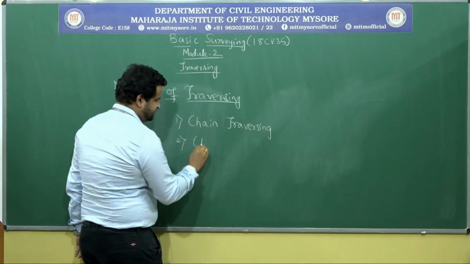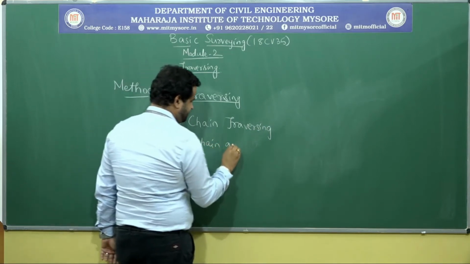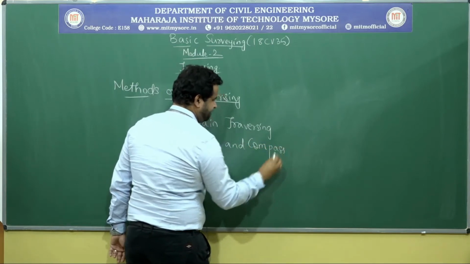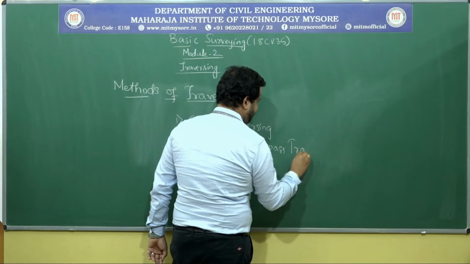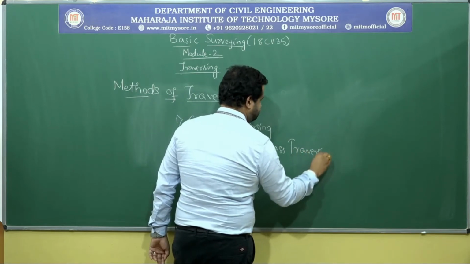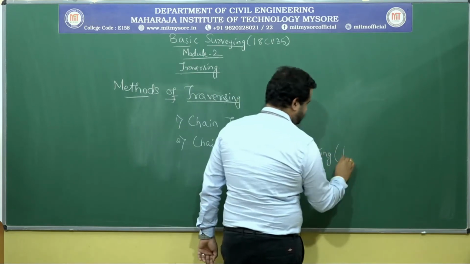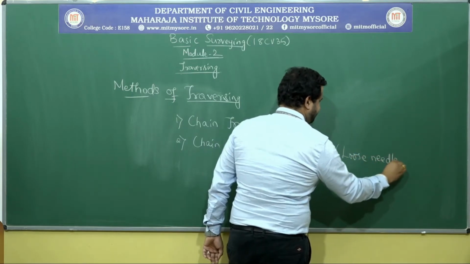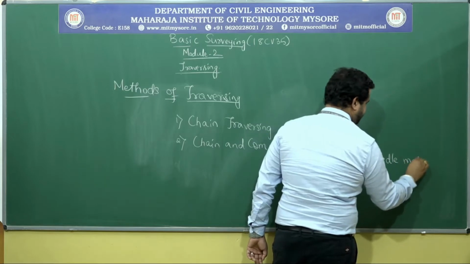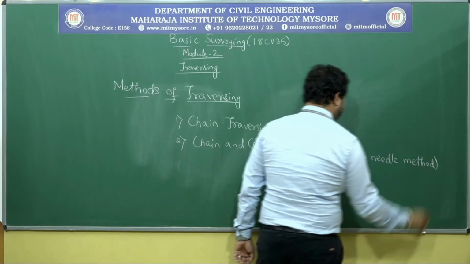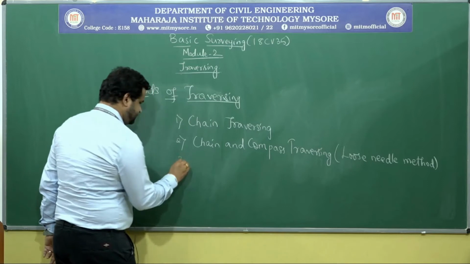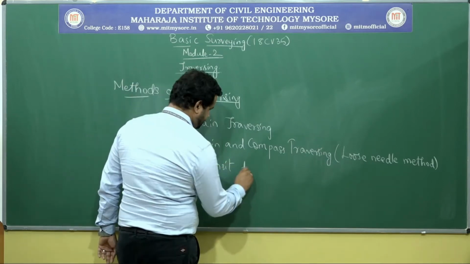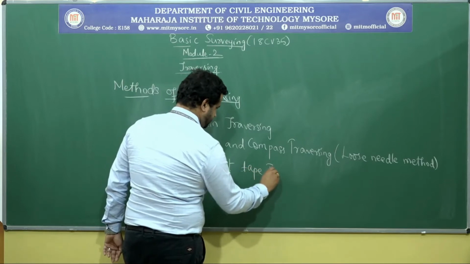The second one is chain and compass traversing, which is also called the loose needle method. The third one is transit tape traversing.